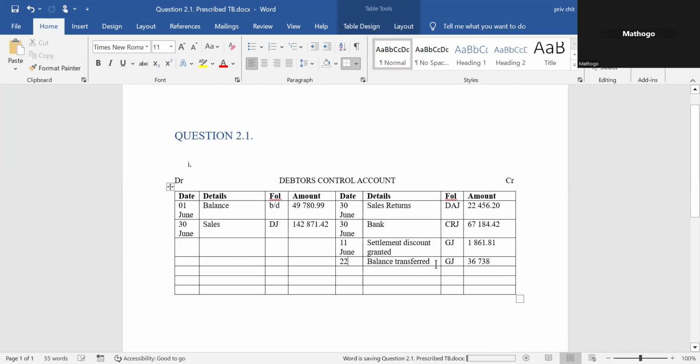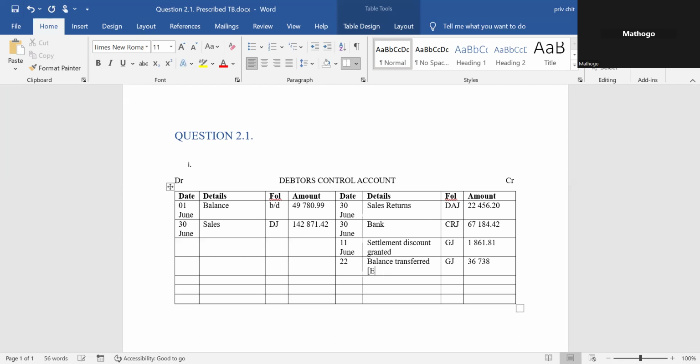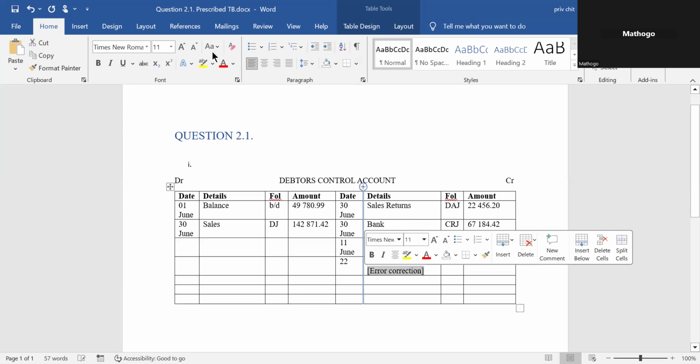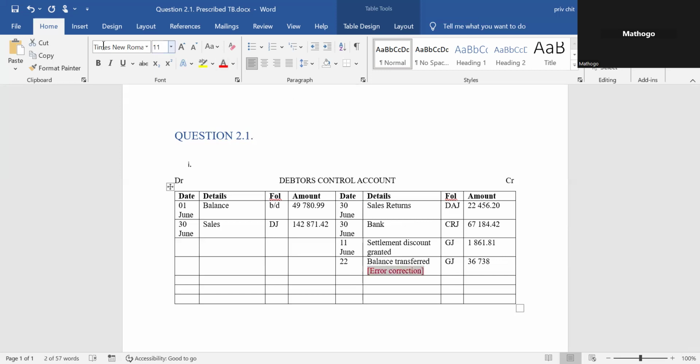So this is normally as a result of error. So I'm going to just put error correction. Is it fine? Yes, sir. Yeah, that's all we're doing there. So I'll put that in red so that it's part of your notes. Right, something like that.